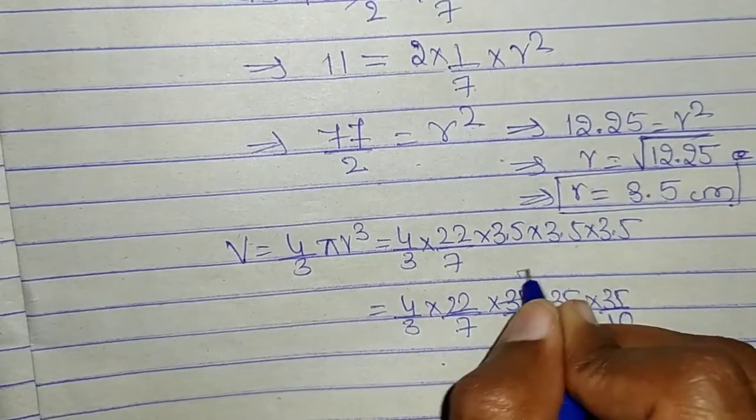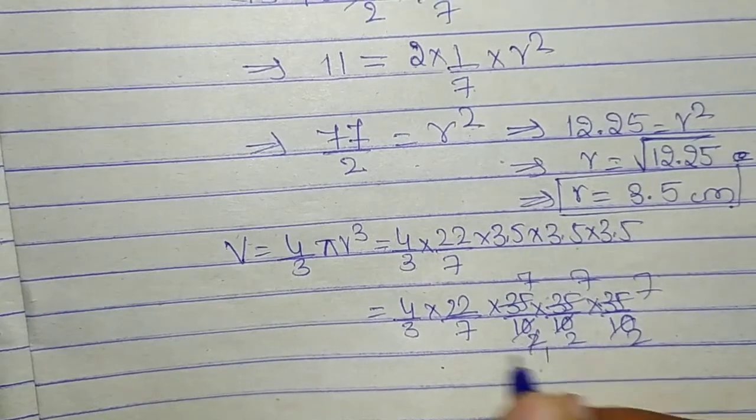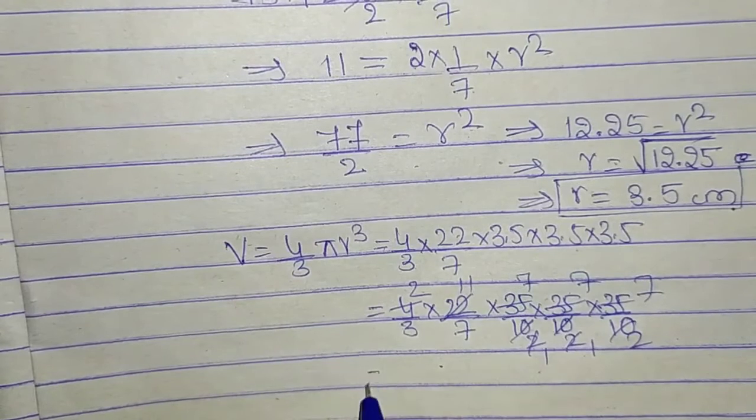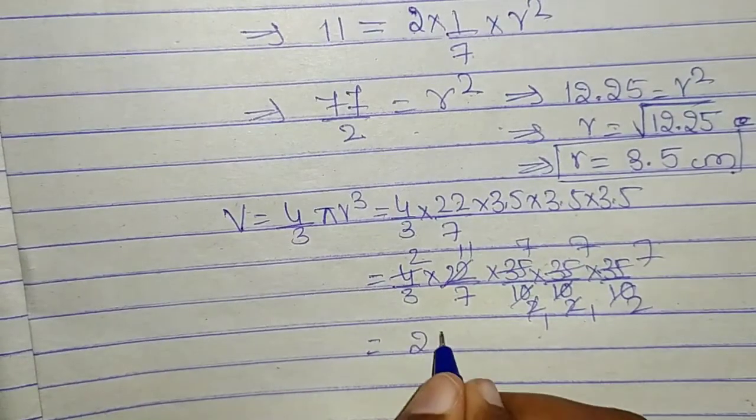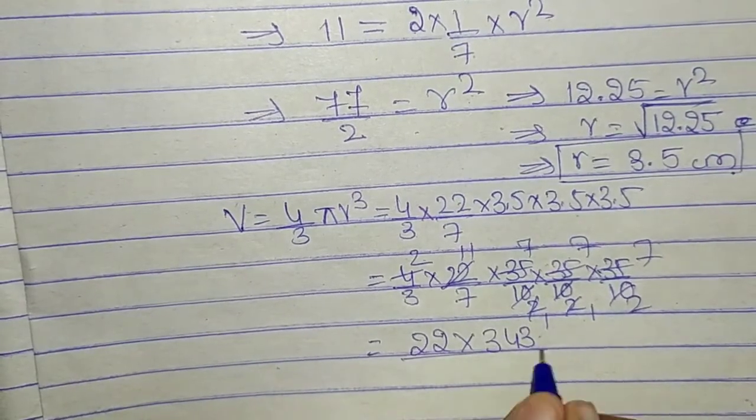So we cancel the common factors, and this is nothing but 11 into 2 is 22 into 7 cube is 343 divided by 3 7s are 21.